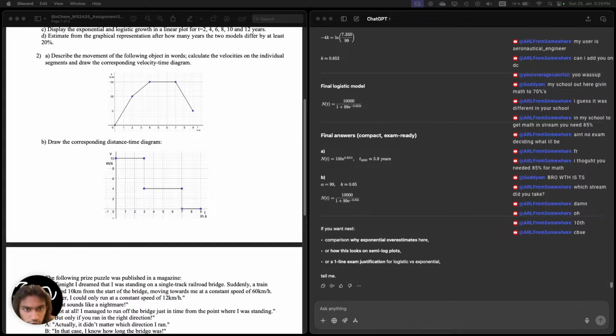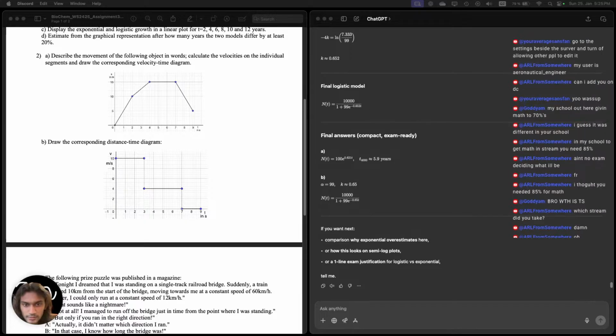So right now it should be locked, right? My username is aeronautical engineer. Go to the settings beside the server and turn off allowing other people to edit it.